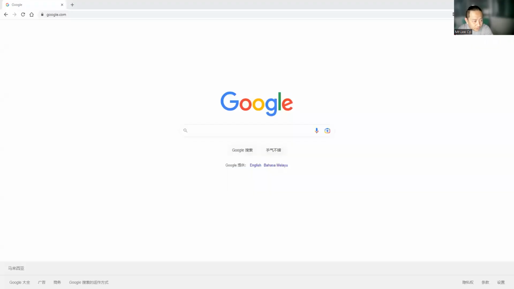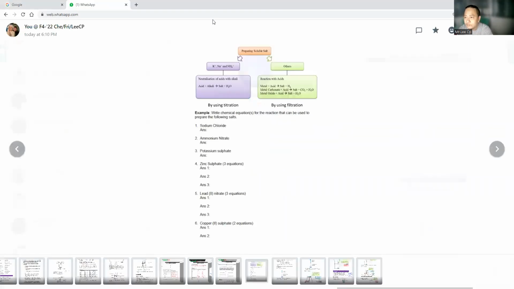Okay, so we try to have a look at this one first, right? Preparing a soluble salt, all right. So neutralization, acid with alkali. Acid with alkali, then you produce salt and water, right?